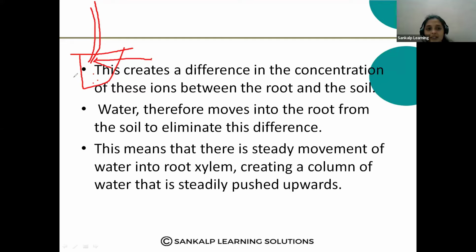To remove this concentration imbalance, water enters into the cells of the root, enters the xylem and is pushed towards the leaves of the plant. This is how transportation takes place in the plant's body.